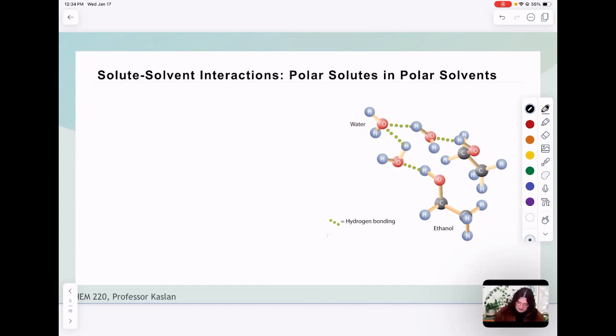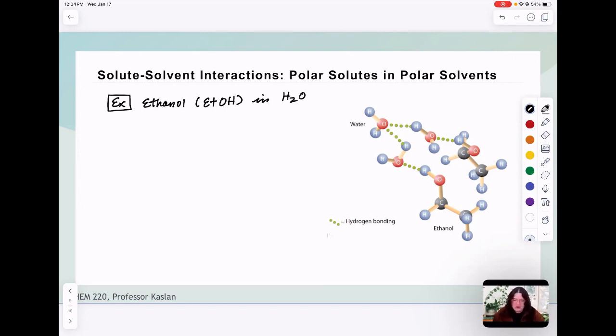So I've got an example here of a solution where we have ethanol, I'm going to abbreviate EtOH, in water. And this is what you would find if you were to look at a bottle of Grey Goose, right? Or a bottle of vodka, drinking ethanol.